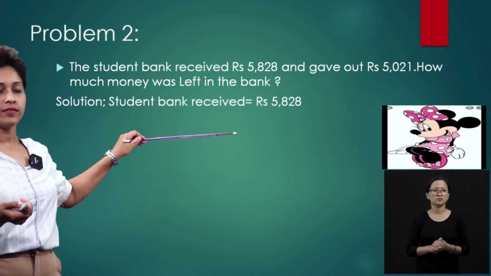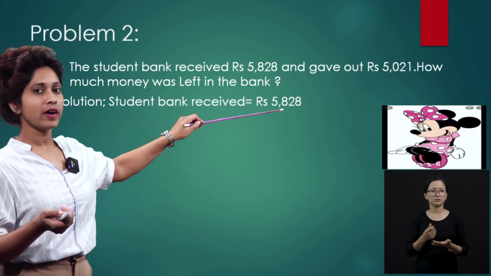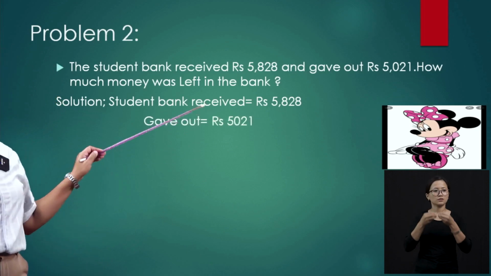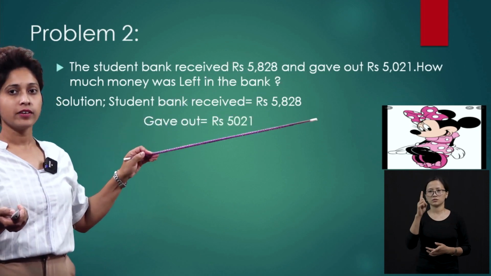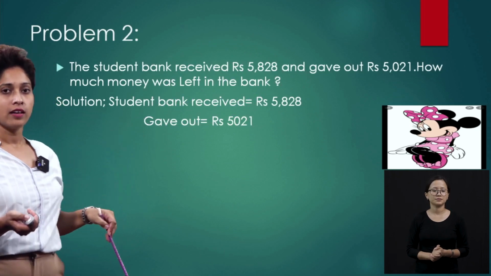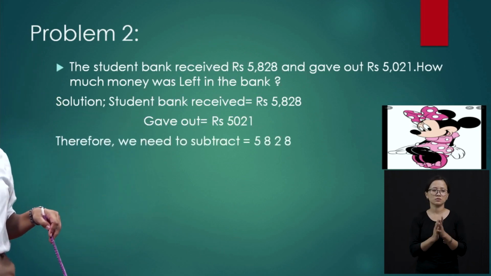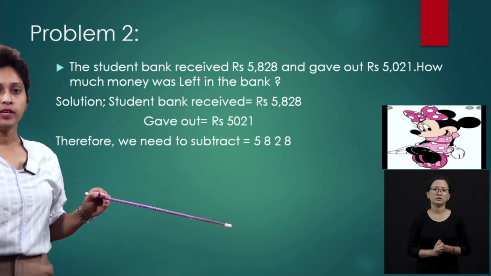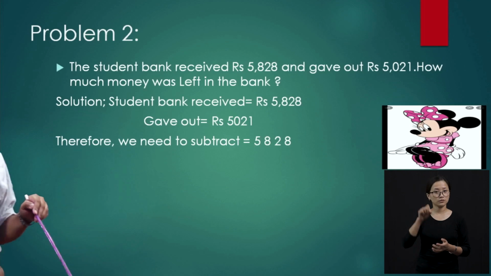The student bank received how much, children? It is 5,828. Then they gave out how much? They gave out 5,021. Okay, then what we need to do is subtract it.